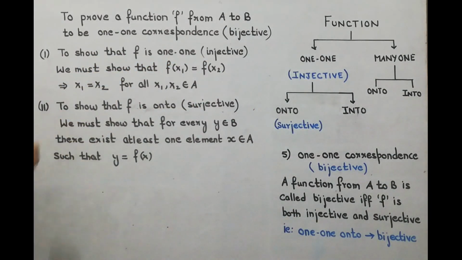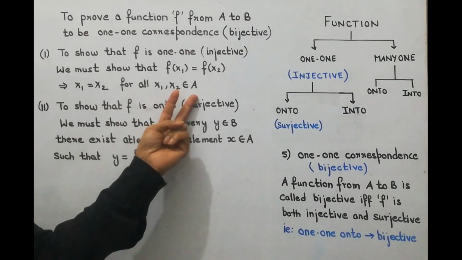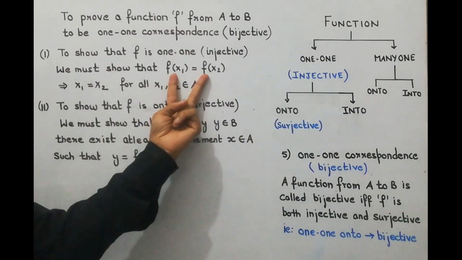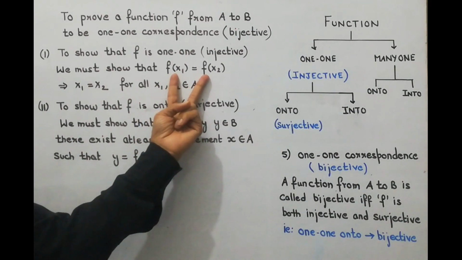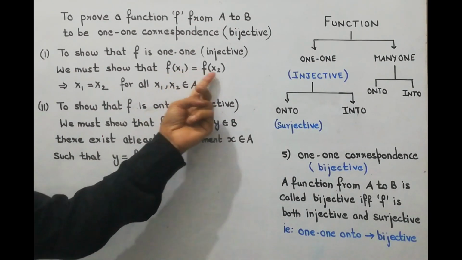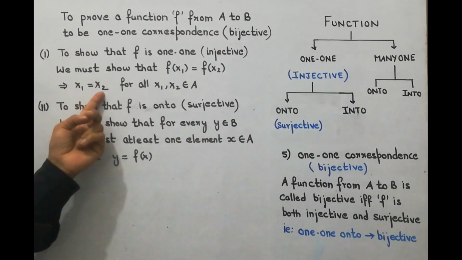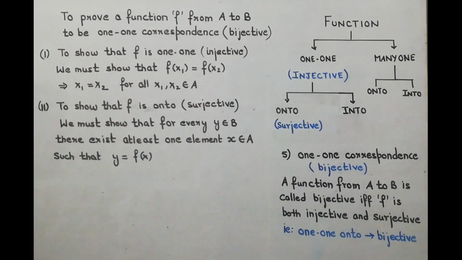So for that, you will take any two elements x1, x2 belonging to domain. Then you will equate the functional value of these two. That means images of these two will be equated. These are the images. And you will get the pre-image, that means x1 is equal to x2. That is the first point.